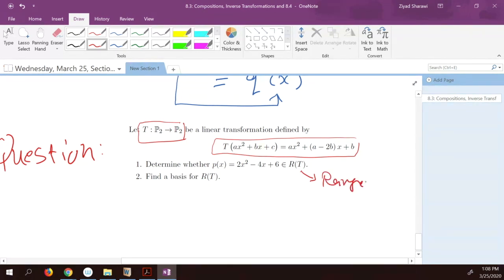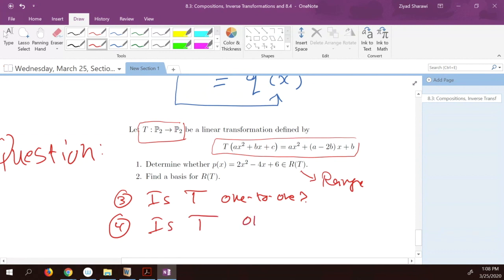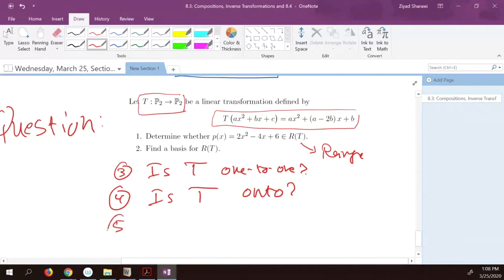Well, I can ask here more questions. I can ask here, is T 1 to 1? I can ask you, is T onto? I can ask you, can you find T inverse?